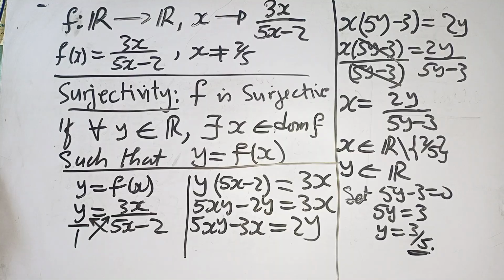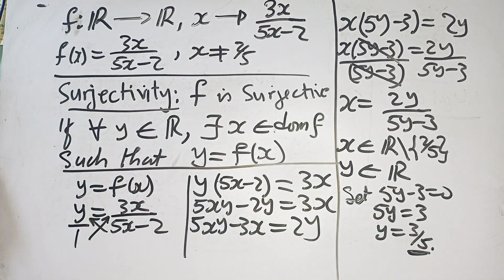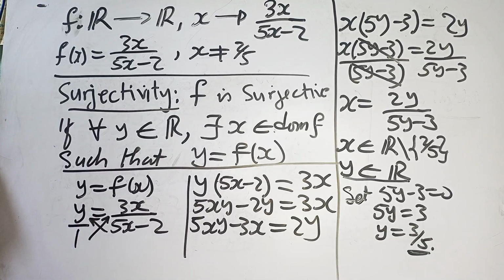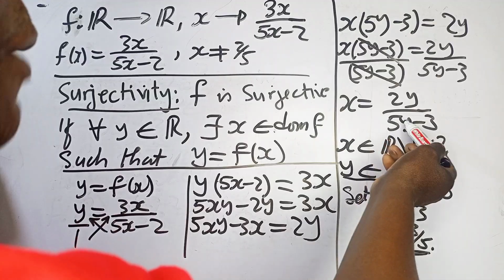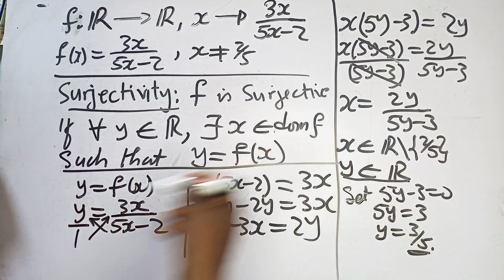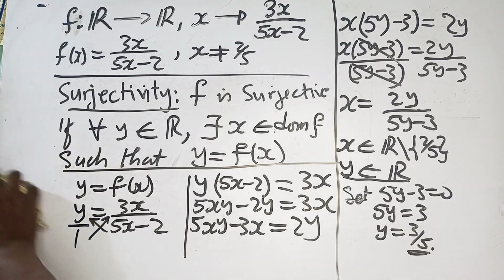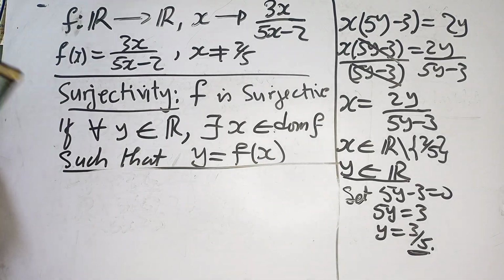This means that when y is 3 all over 5, we will not have any x. Remember, y is any real number, and 3 all over 5 is a real number. So we can put this value there, and we'll obtain an undefined expression. Let's put it and see.